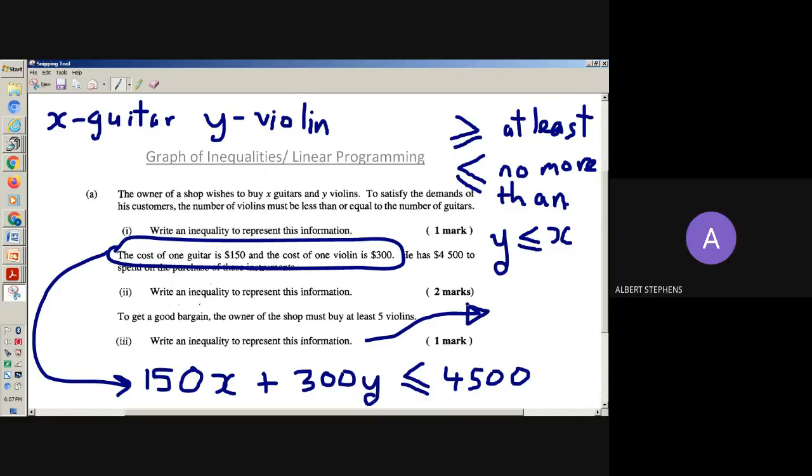Right. So it is at least, right? So at least is what? Greater than or equal to, don't you? Yes. And then because it says violin, you use the y. Right. So y greater than or equal to 5. And that's the answer.